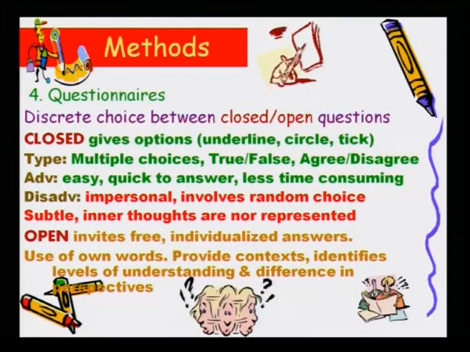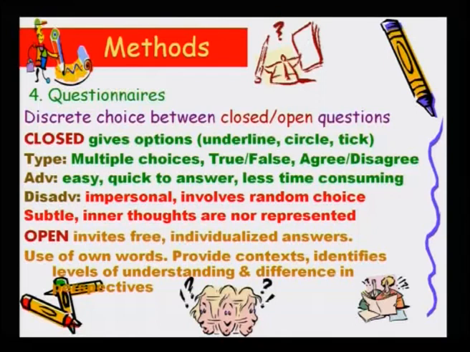Now, the basic type here is multiple choice or true or false questions, where they just put a tick mark or circle it, or they simply say agree, disagree. In some cases it could be I strongly agree, I strongly disagree, I do not agree at all, and so on. Now, what is the advantage of this?